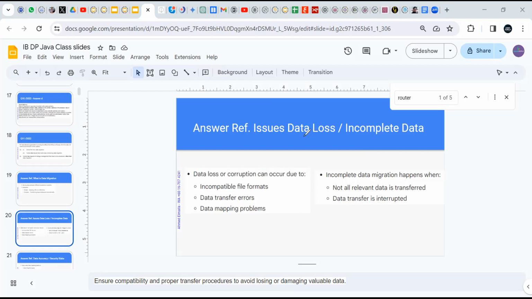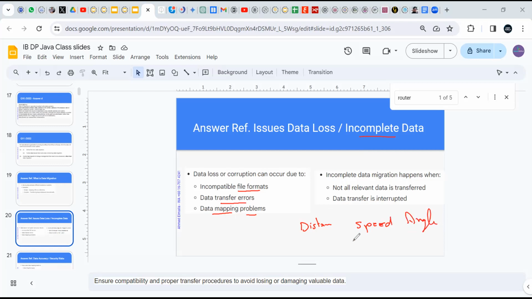So the issues could be data loss and incomplete data. Data loss can be corruption, incompatible file formats, data transfer errors, and even data mapping problems. Data mapping means that, for example, in your catapult class, you have distance, and you have speed, and you have an angle.